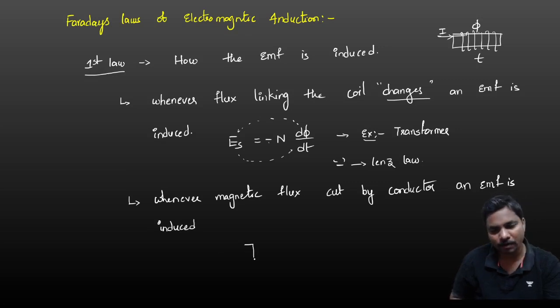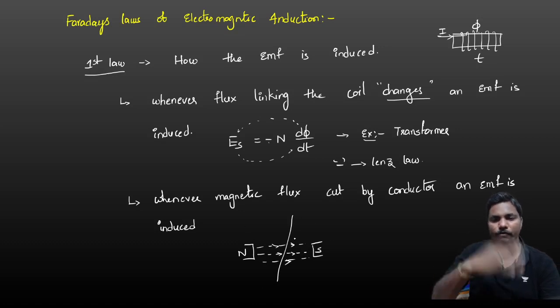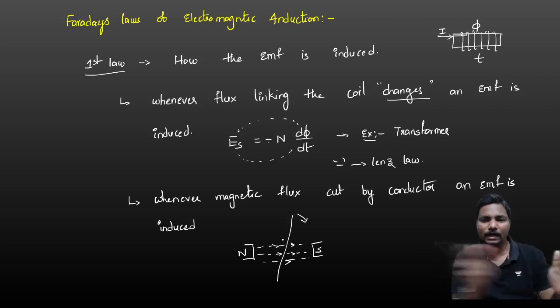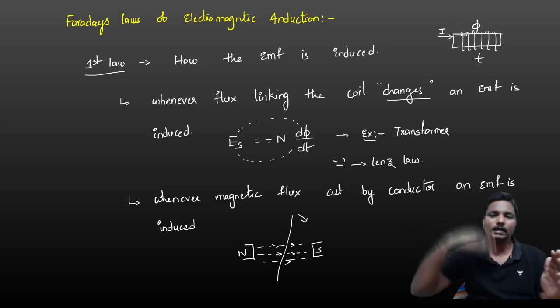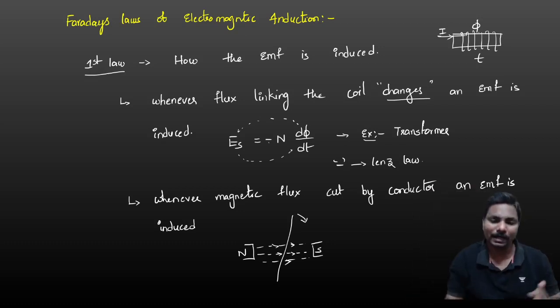That means if you have a magnetic field like this, with field lines flowing from north to south, and you take a conductor and rotate it, then this conductor cuts the magnetic flux.